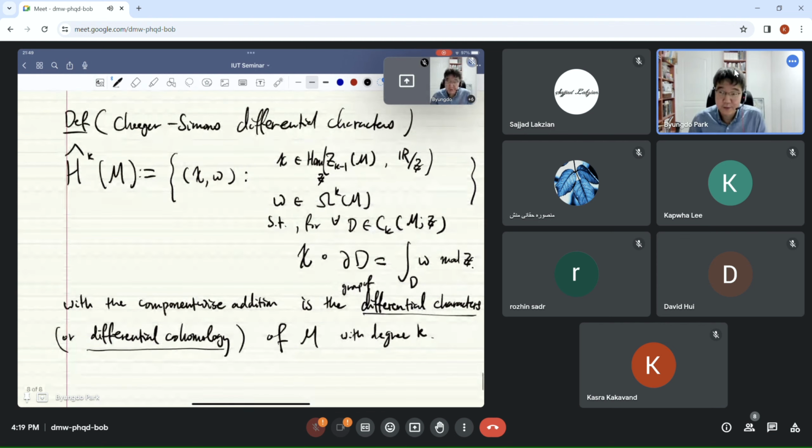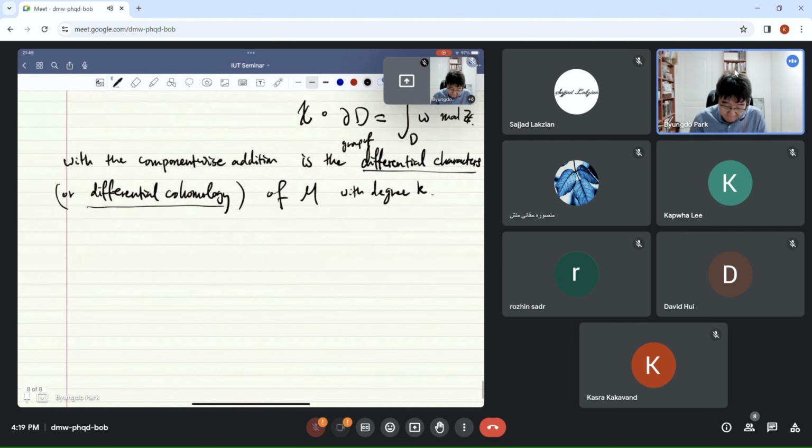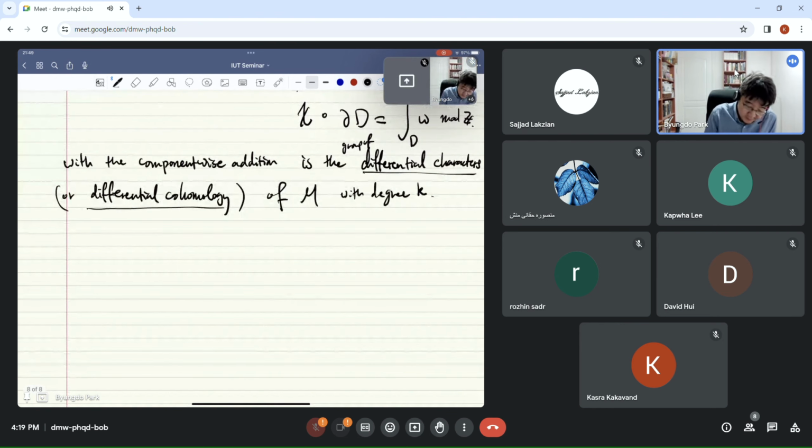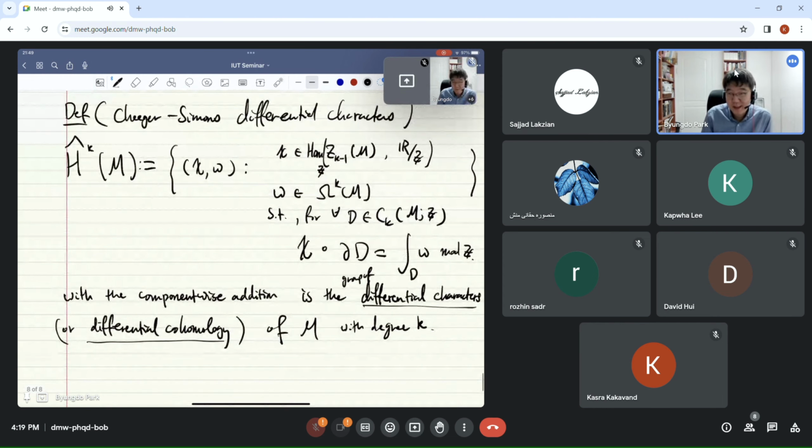So that's differential cohomology. This alone is, I don't know, maybe not very motivating.